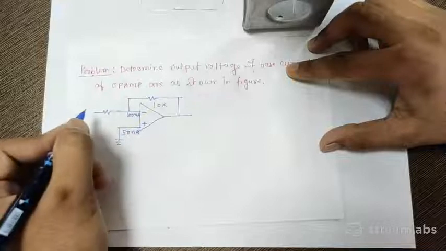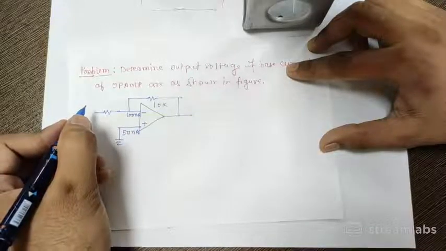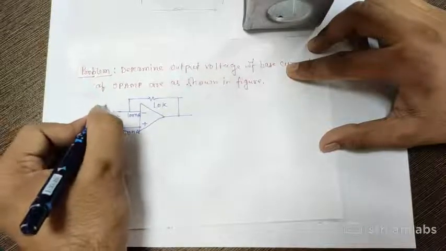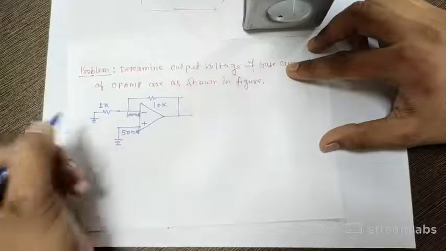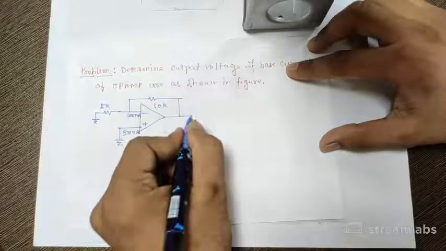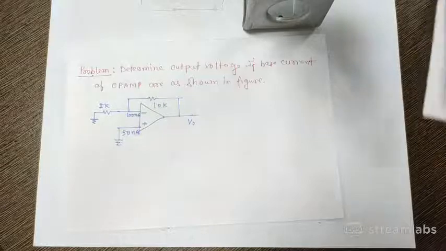A 1k resistance is in the input. Okay, so this is the circuit.